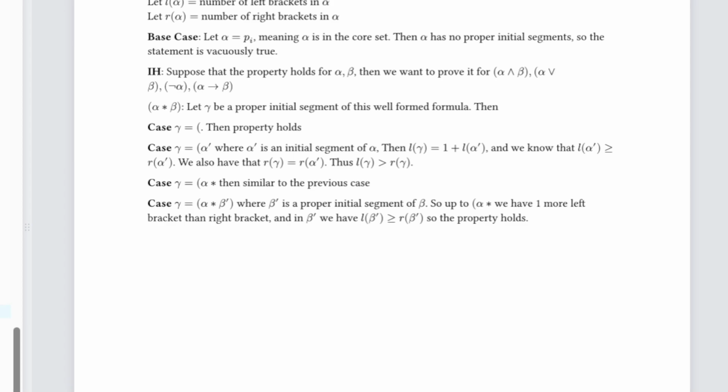Now, final case. Gamma equals alpha star beta close bracket. Oh, and in the previous case, this should not say proper initial segment. This is just an initial segment, so it could be all of beta.